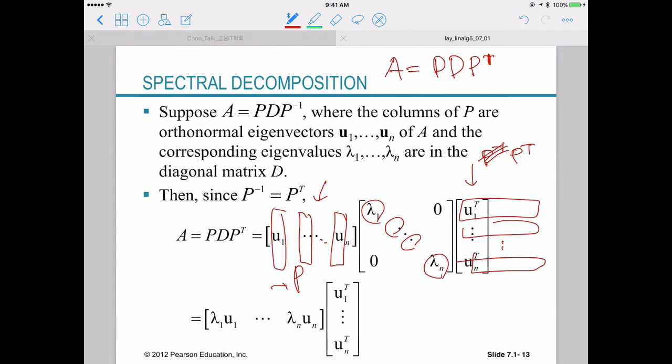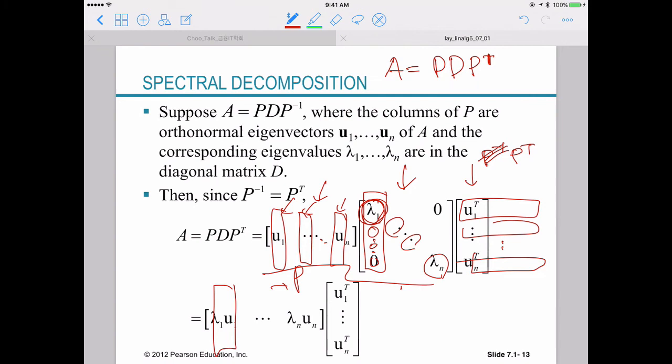Let's manipulate it a little bit. Let's compute P times D, and remember the column combination. When computing the first column, the first column of this matrix works as the linear combination coefficients of the columns on the left, which will be lambda 1 and 0 and 0 and so on.